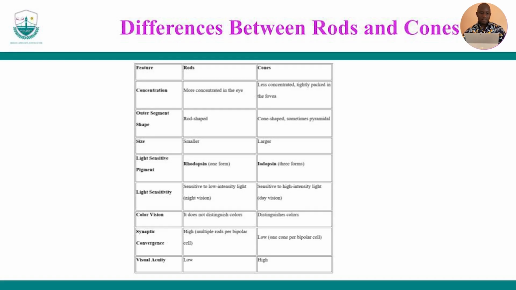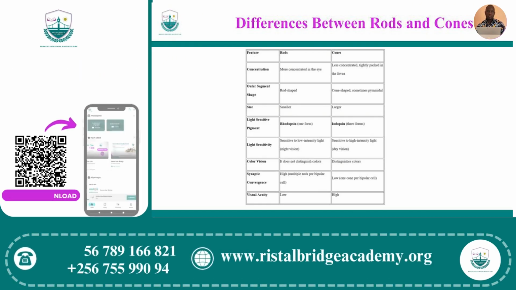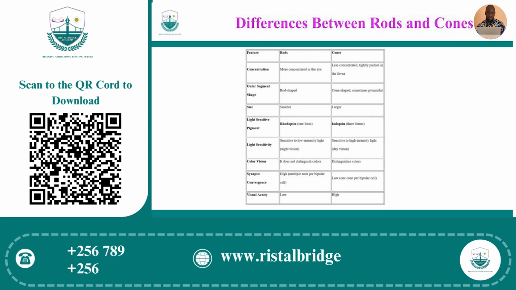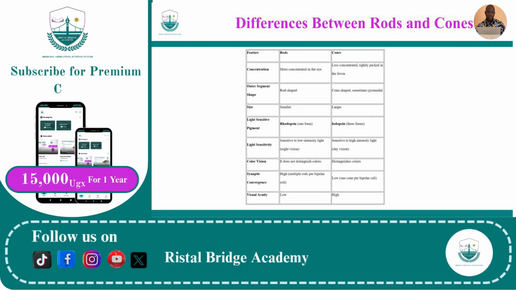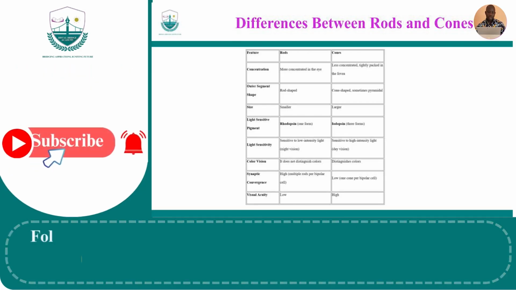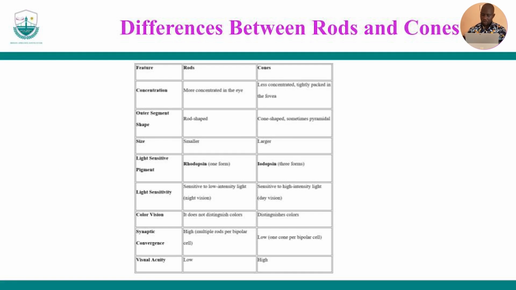Rods have what you call synaptic convergence. Cones don't have. You have one cone per bipolar neuron. That is actually what results in high visual acuity in the cones compared to the rods.